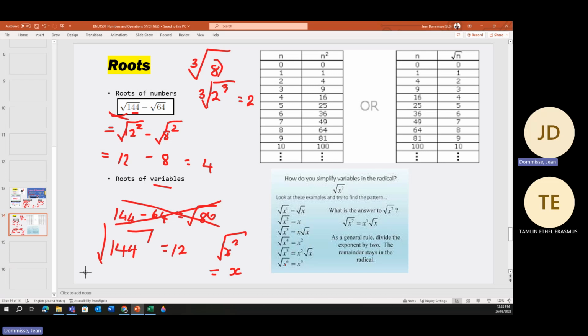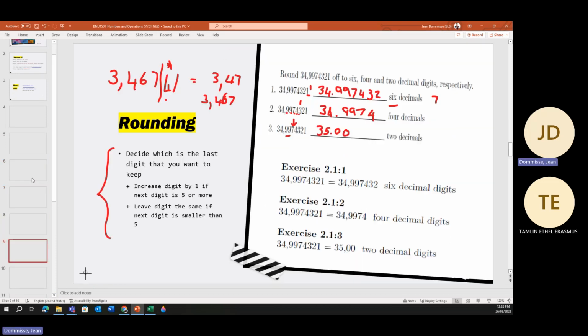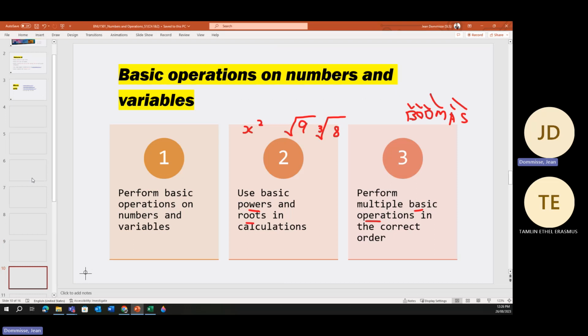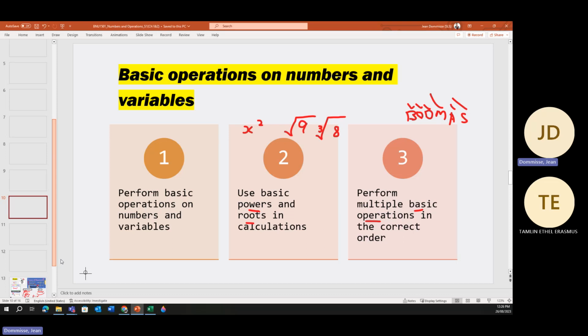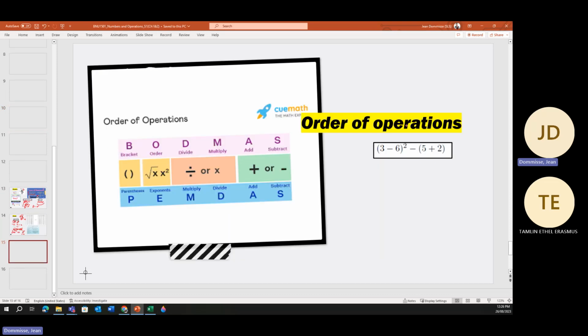Okay, so that nearly covers what we did now: we looked at operations, we looked at powers, we looked at roots, and then the last one is just to quickly relook the order.